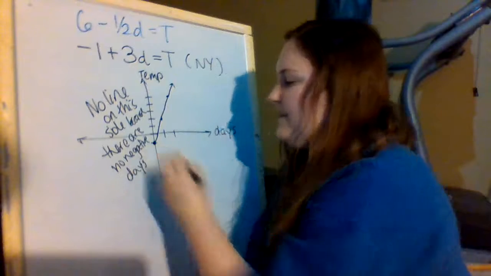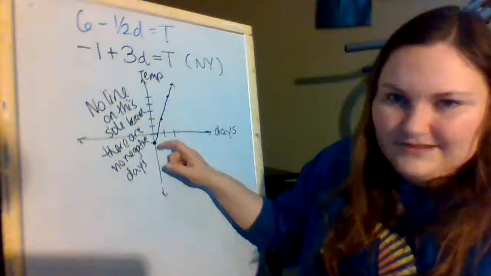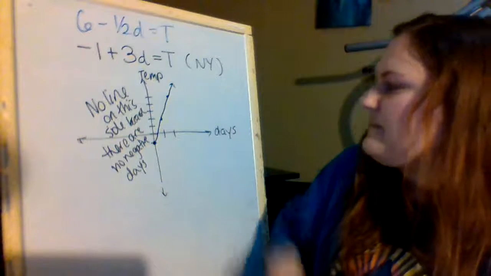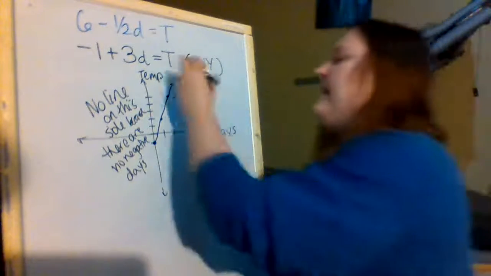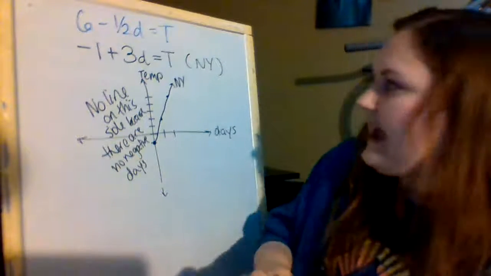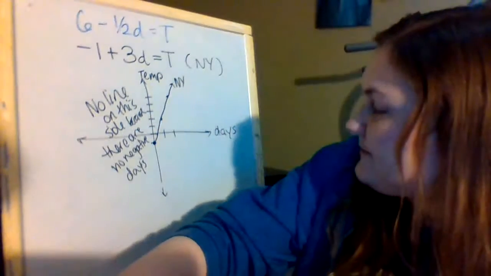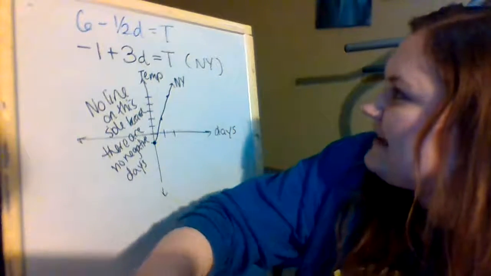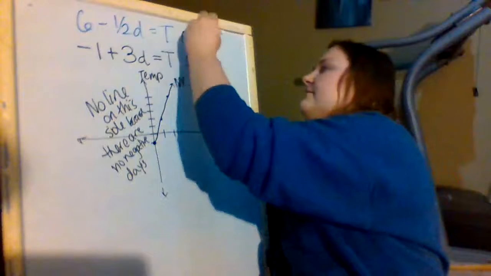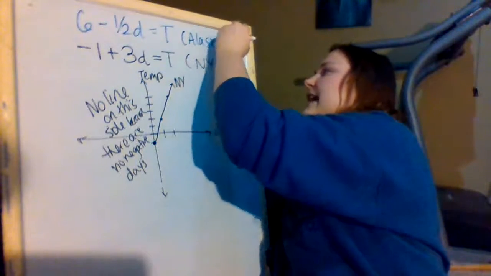You could say because we want to start at day 0 and not go back into the negatives. Lots of different ways you can think of it. But we've got this black line right here represents the temperature in New York. I'm going to go ahead and graph our second line as well. Our second line is Alaska. And we'll graph Alaska the same way.